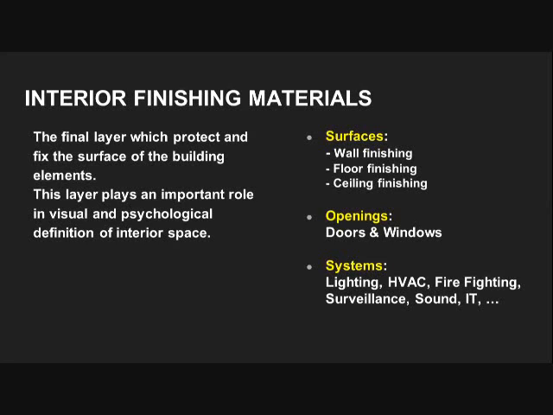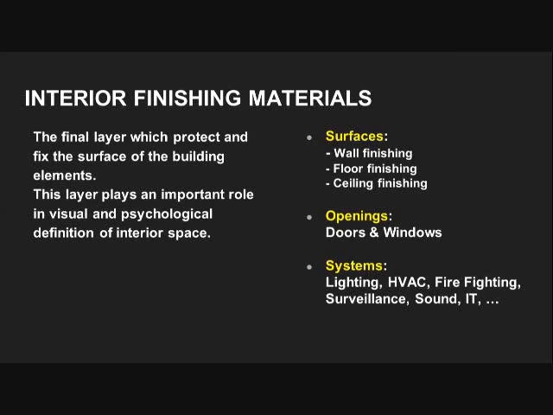So this is the environment or the container that people use and understand. We also have openings, doors and windows. We have several systems that are embedded in the space, providing lighting, HVAC, firefighting, surveillance, sound, IT, etc.